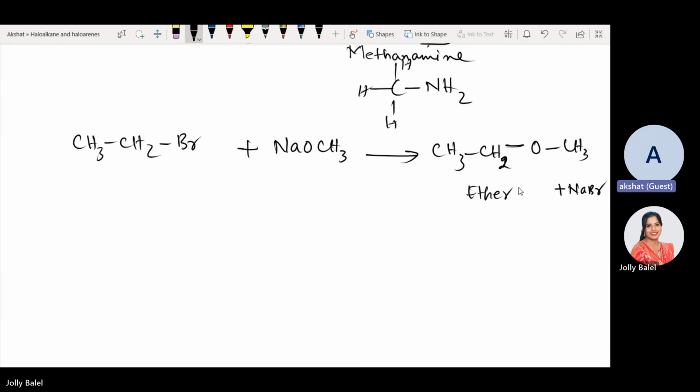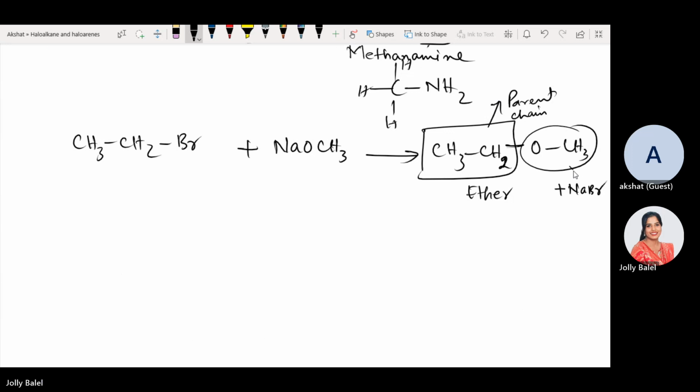Now, whenever you will write the IUPAC name for the ether functional group, follow this rule. On which side of oxygen do you find the maximum number of carbons? Left side or right side? Left side, right? So this is your parent chain, and this comes out your daughter chain.